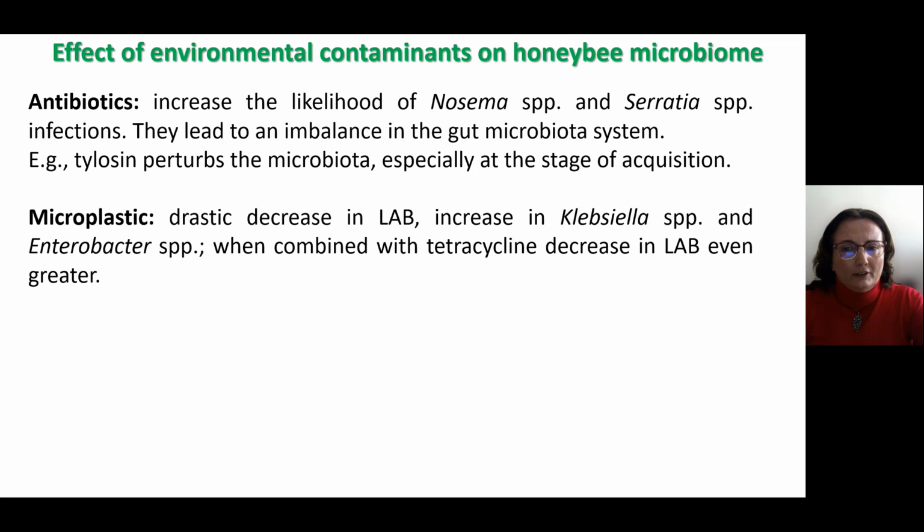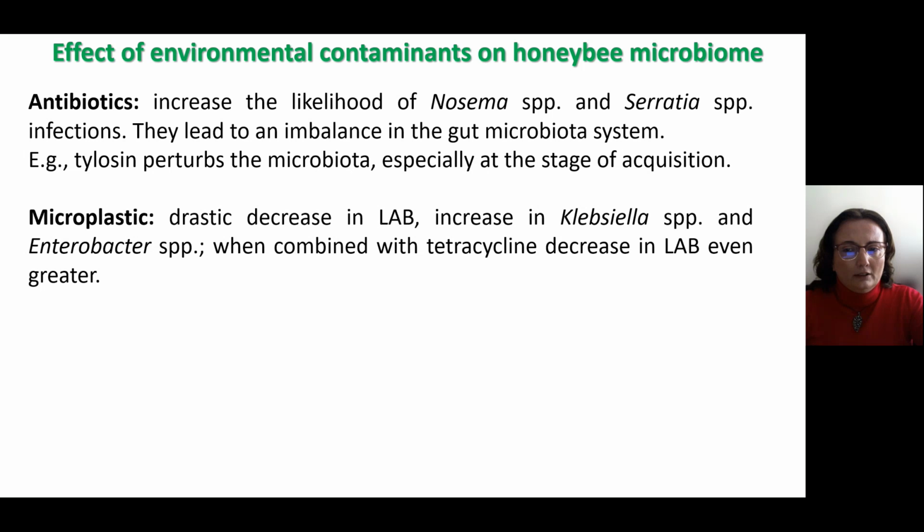Example effects of environmental contaminants on the honeybee microbiome are presented in this slide. Antibiotics can increase the likelihood of Nosema and Serratia infections. They lead to an imbalance in the gut microbiota system.